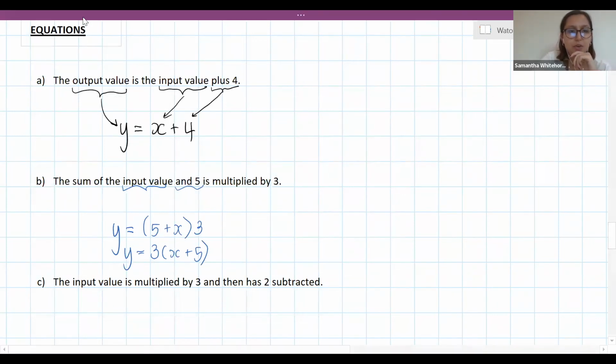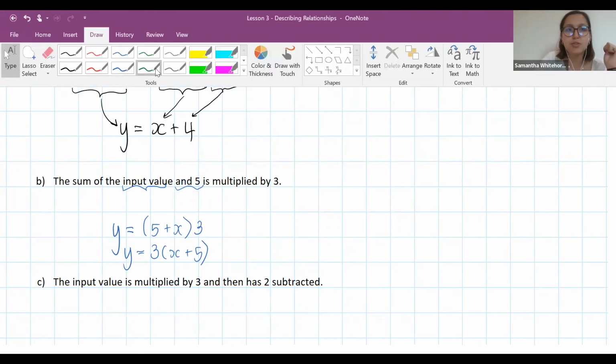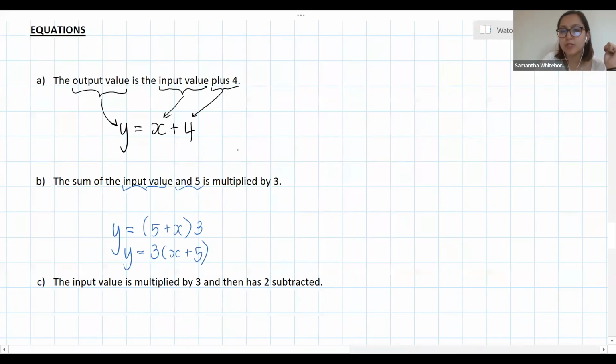Right, our third one is saying the input value is multiplied by 3 and then has 2 subtracted, and that's going to give us the output. So let's read it again. The input value is multiplied by 3 and then has 2 subtracted from it. Kanya, do you want to tell us?